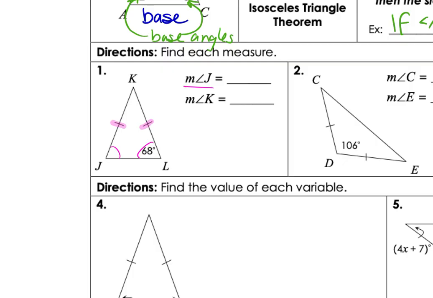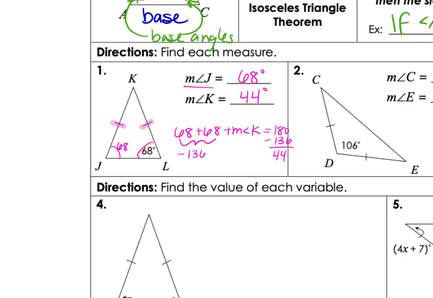So the measure of angle J is 68. How do you find the measure of angle K? Yeah, subtract from 180. If this is 68, then 68 and 68 and the measure of angle K have to add up to 180. So subtract: what is that, 136? So the measure of angle K is going to be 44 degrees. You're just taking this away.